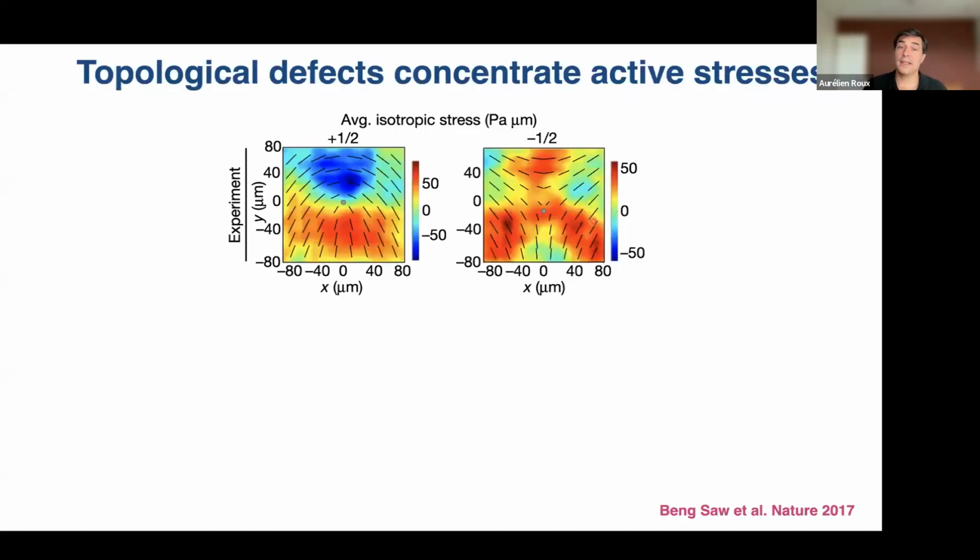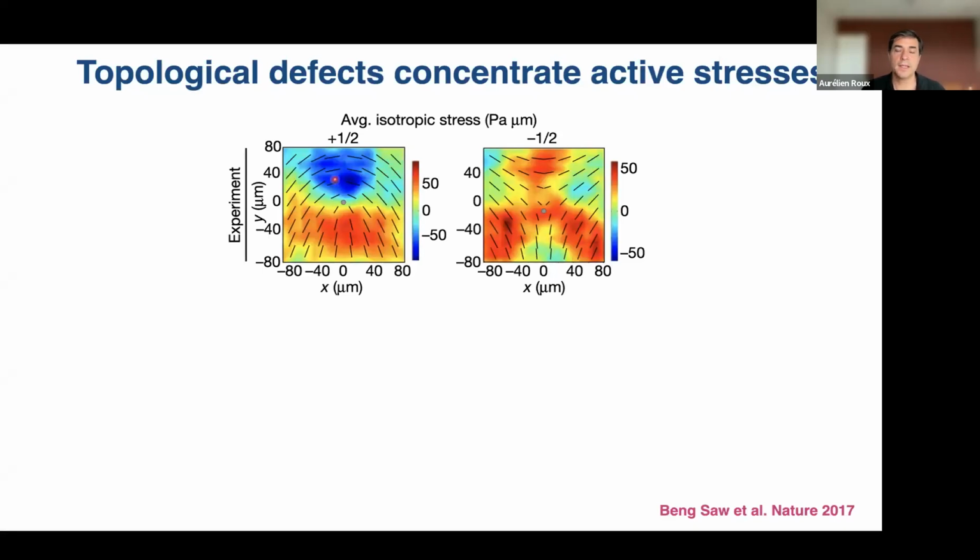What is interesting is that these cells are contractile. And if you now look at the stress pattern associated with the defect, you can find a very reproducible pattern of contraction. So you see the specific organization or order of cells around the +1/2 defect, and you have measured by traction force microscopy the stresses generated by the cells around this defect.